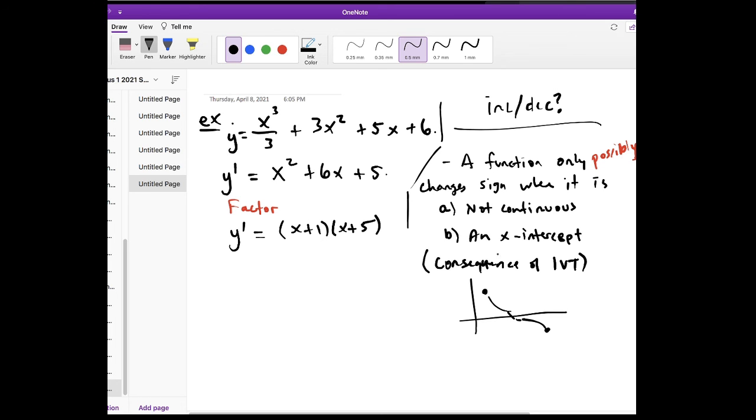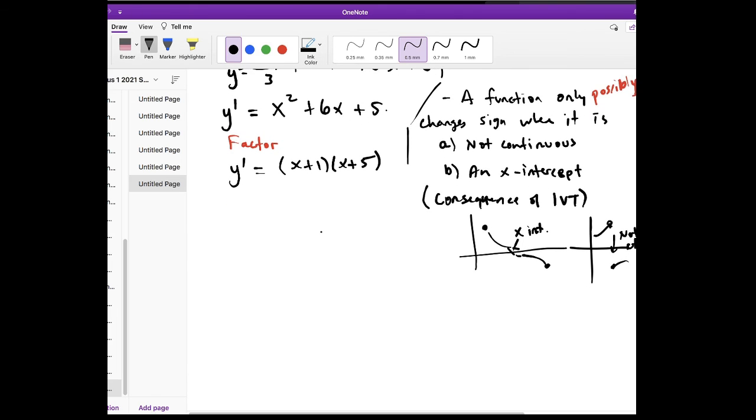So if you don't have an x-intercept, you can't change sign. If you do change sign, then you have to be not continuous. Right, this is not continuous. And this is an x-intercept.